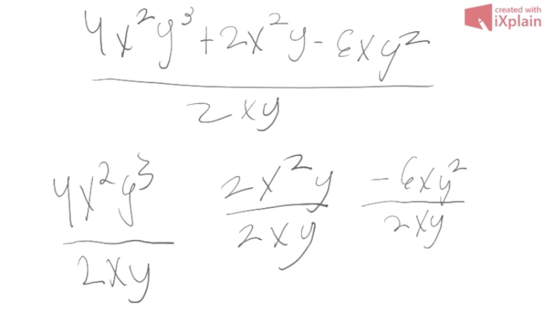Remember what we said in the previous video, you have that subtraction sign there, make sure it's a negative. So finally, if you do it correctly, your solution will be 2xy squared plus x minus 3y.